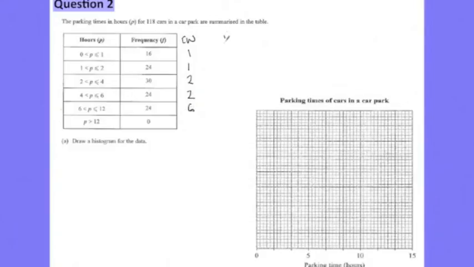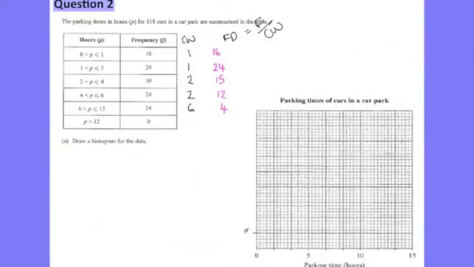We must then find the frequency density, which is found by taking the frequency and dividing by the class width. Here, our frequency is 16, divided by our class width, 1, 16. 24, 15, 12, and 4.